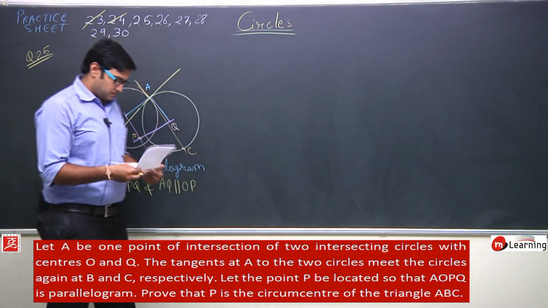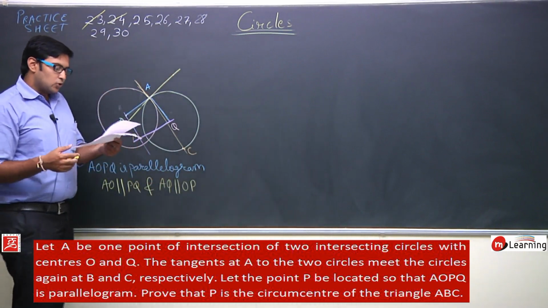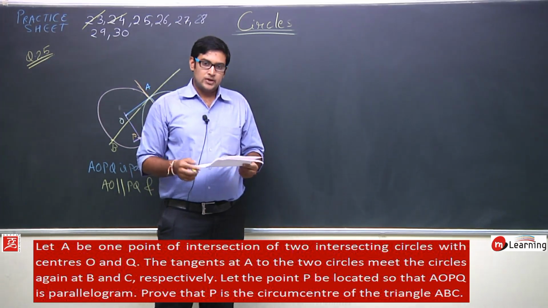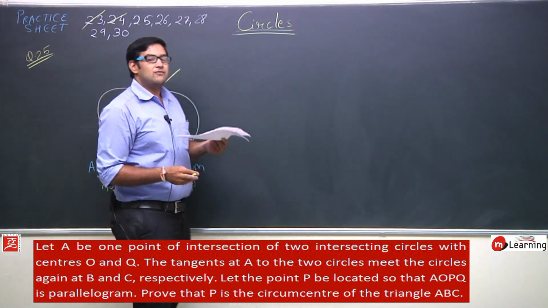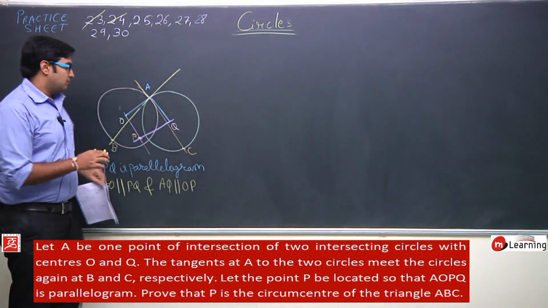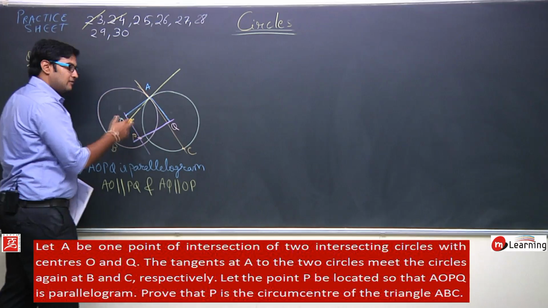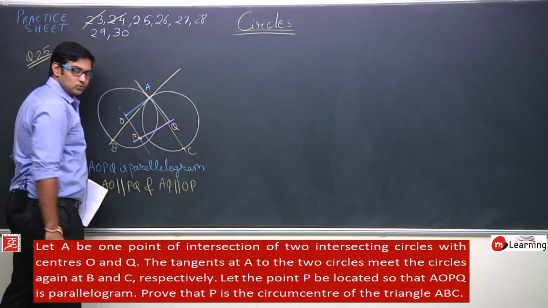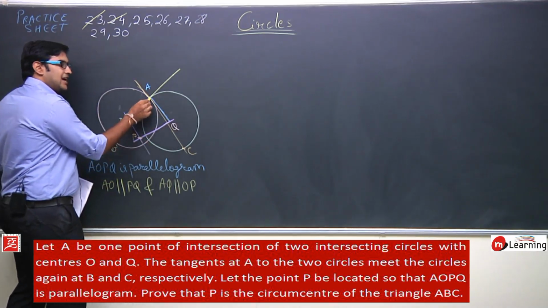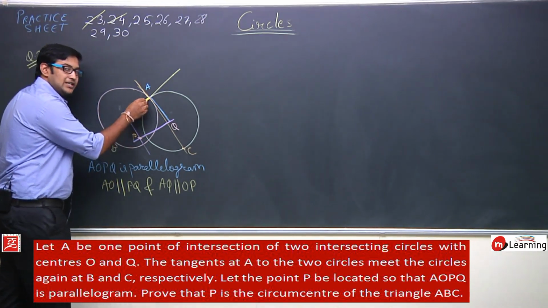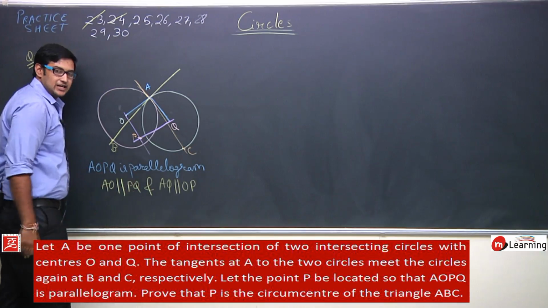So after this, prove that. Till this point the given conditions are over. Now we need to understand what we need to prove. So we have understood the diagram. The diagram says there are two circles, one with center O and another with center Q. These two circles intersect at point A. At this point I have drawn two tangents to these two different circles.